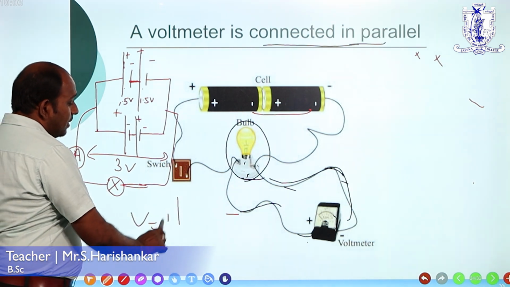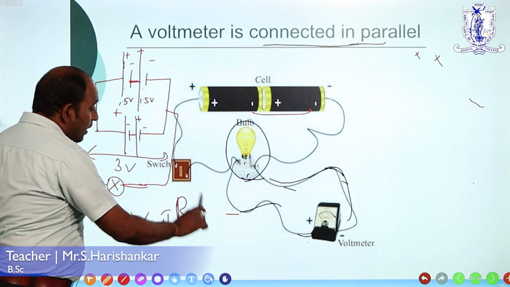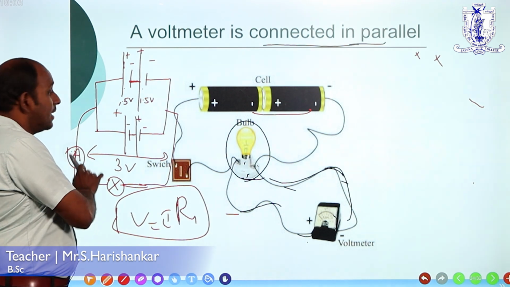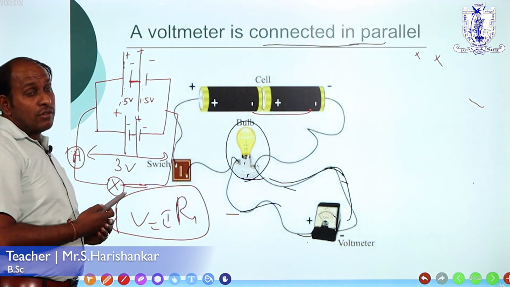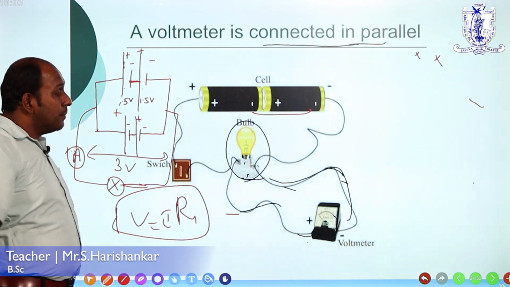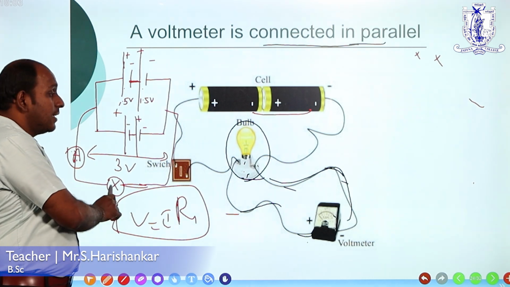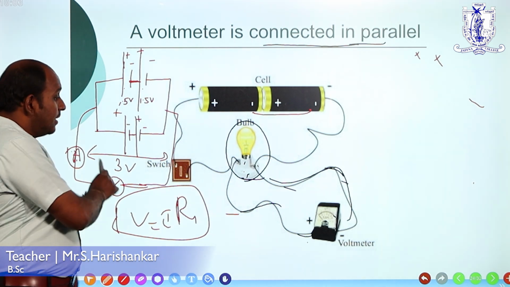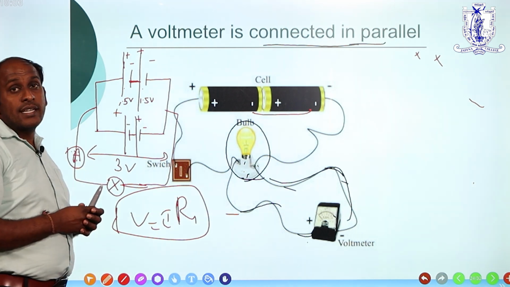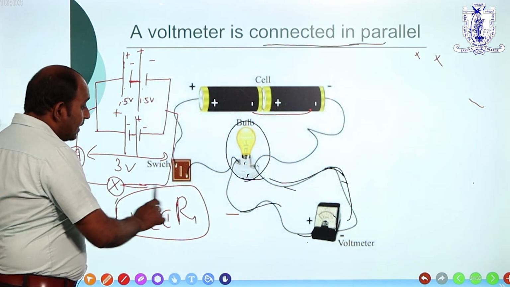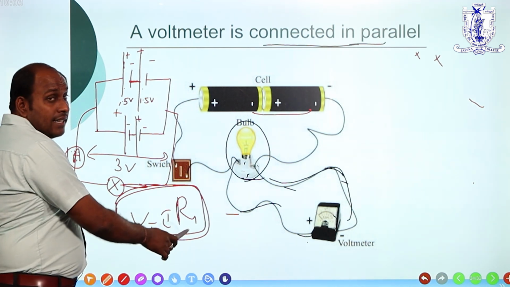There are a lot of failures in question papers with the ammeter and voltmeter wrong connections. The main thing to remember is that the voltmeter is connected in parallel and the ammeter is connected in series, and V is equal to IR, which relates voltage, current and resistance.